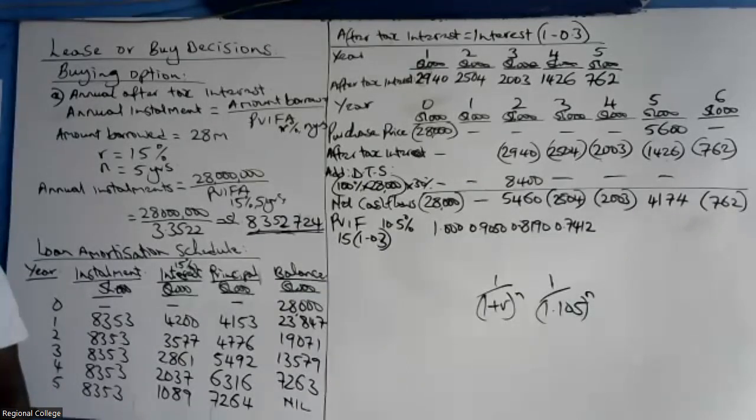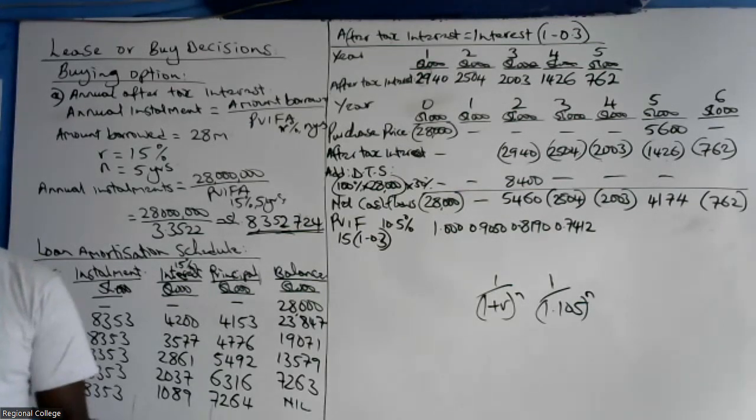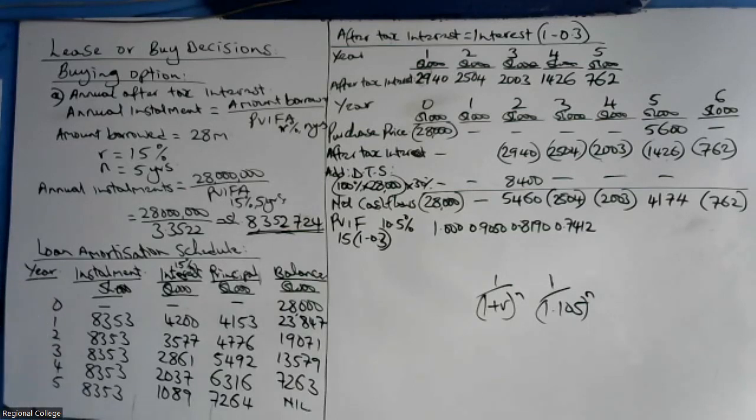You get 0.8190. Just divide, don't raise.